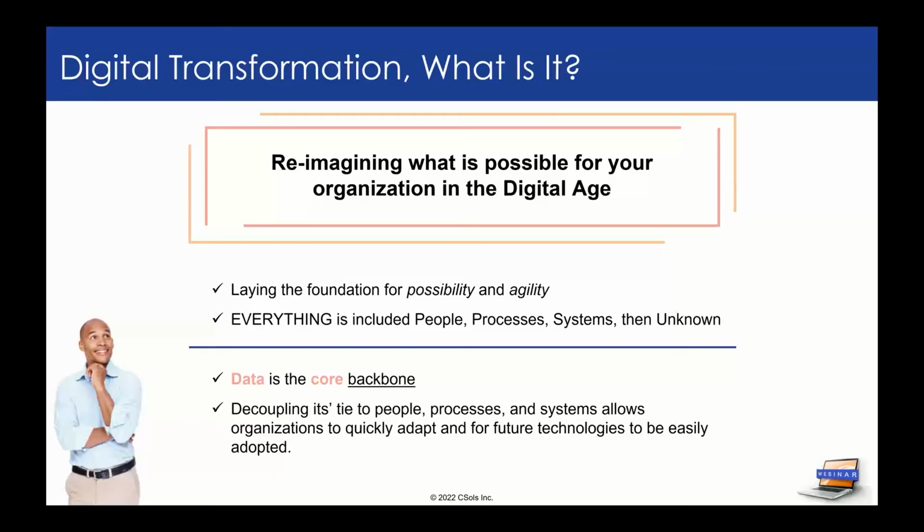You don't want to transform into just what you can see. You want to transform into something that will be adaptable to the future, okay? And for us, the core of digital transformation is the data.